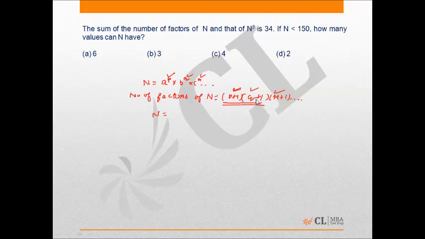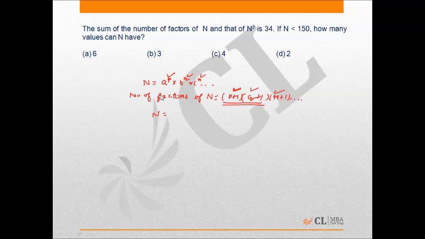From here it can be concluded that the number of factors of n will also be an odd number. From here it can be inferred that n is also the perfect square of another natural number. From here n has to be a perfect square.